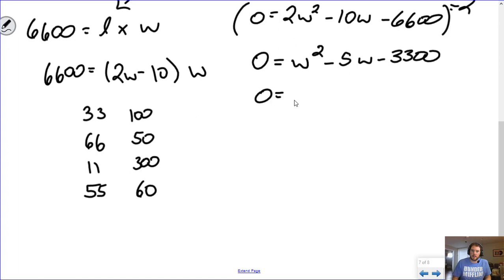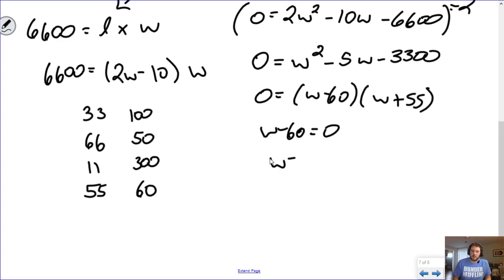So now if I go back, I get w minus 60 and w plus 55. So if I set both these brackets equal to 0, w minus 60 is equal to 0, so w is going to be equal to 60, and w plus 55 is equal to 0, so w is equal to -55. So I get two possible answers here.